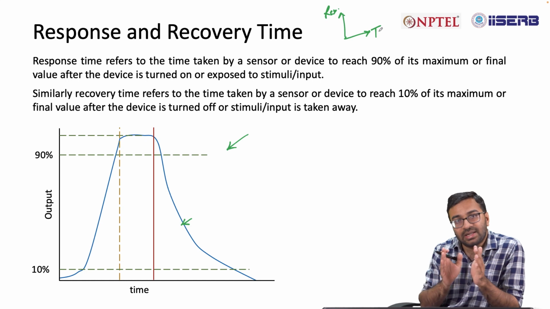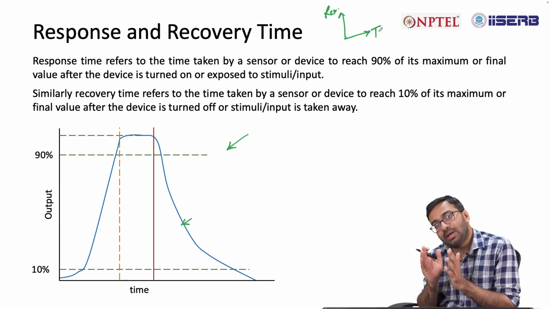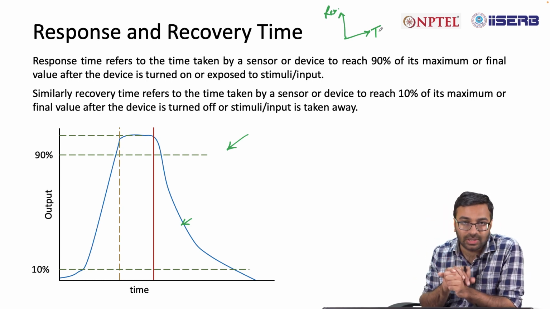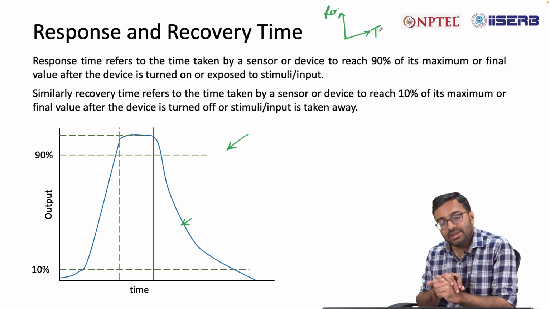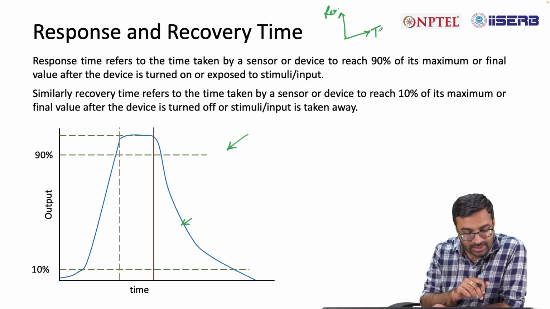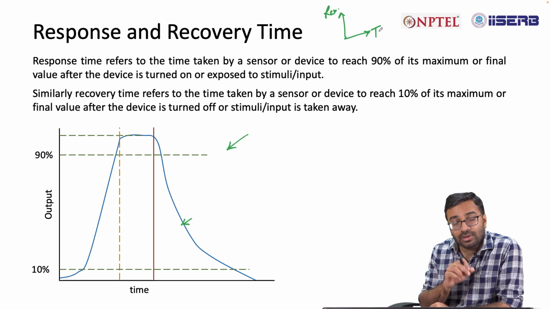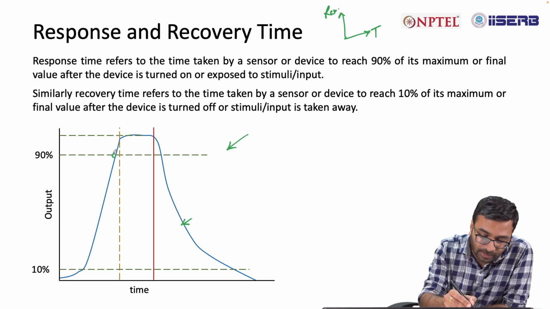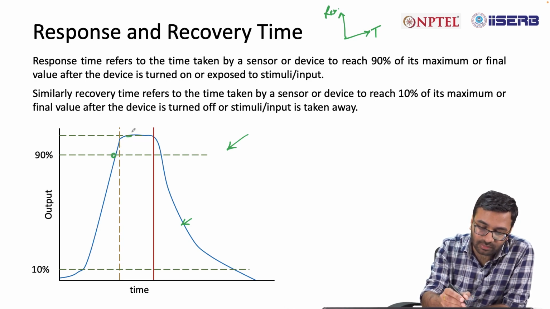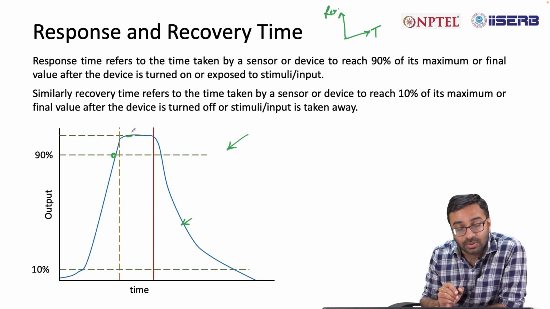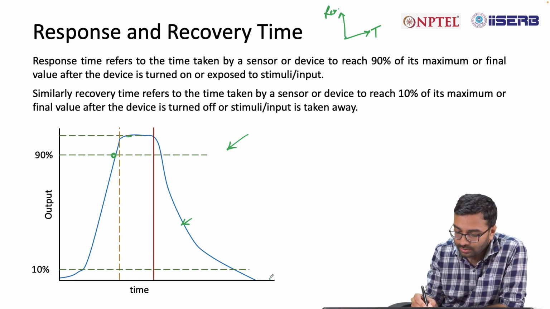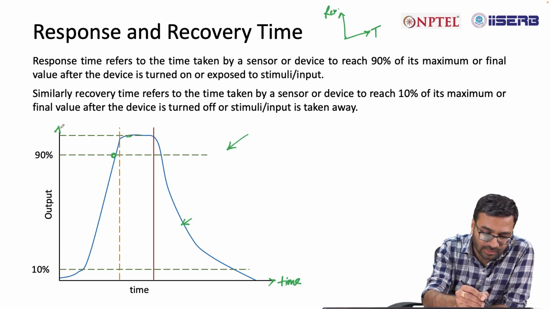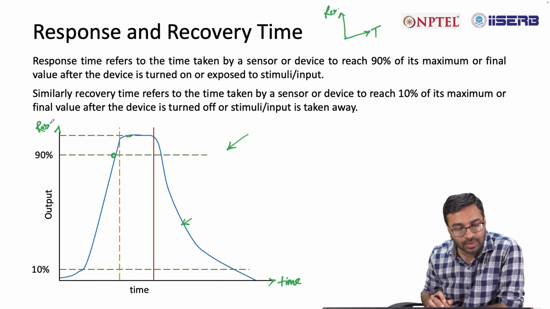From the name itself, it is very clear. The time a sensor takes to respond to a stimulus is known as response time. What we have defined is the time taken by a sensor to reach 90% of the maximum value. This is the maximum value of the sensor response. Again, this is a temporal response, this x axis is time, and the y axis is the response.